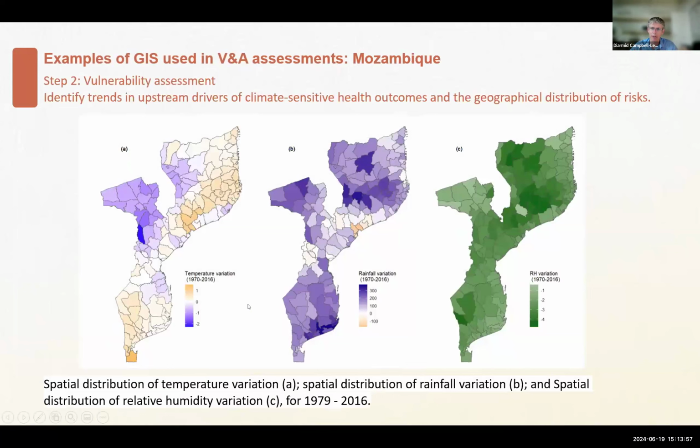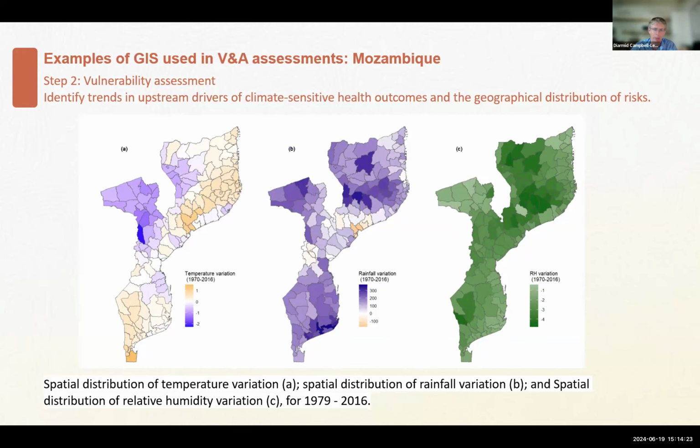Moving on from that first sort of scoping stage and looking at the actual vulnerability assessment itself, another example from Mozambique, who has done a lot of very detailed work now on climate change and health. It's used not just to identify where you may want to start to study the problem, but actually to get a comprehensive picture of the distribution of the exposures or the risks.